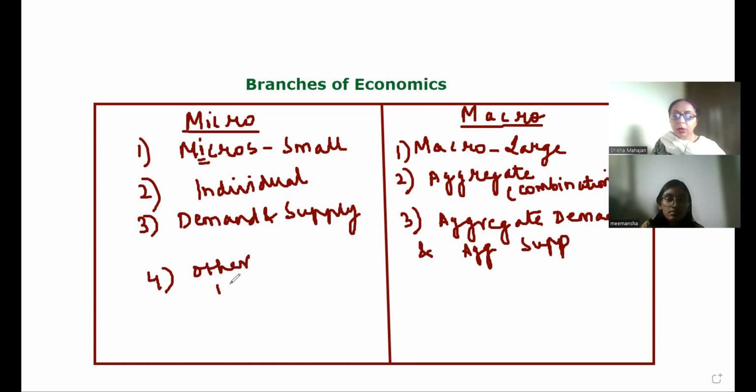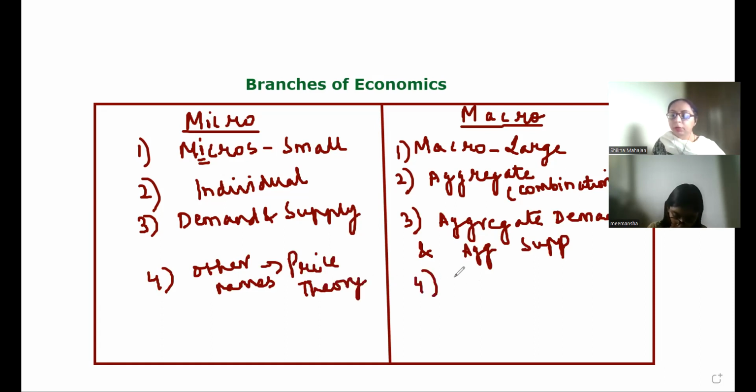Other names can be like the theory that we use is the price theory here. We will be studying about all these. And here we will be studying about income and employment theory.